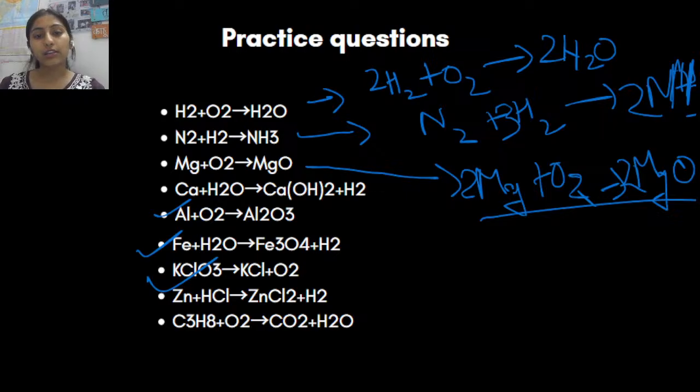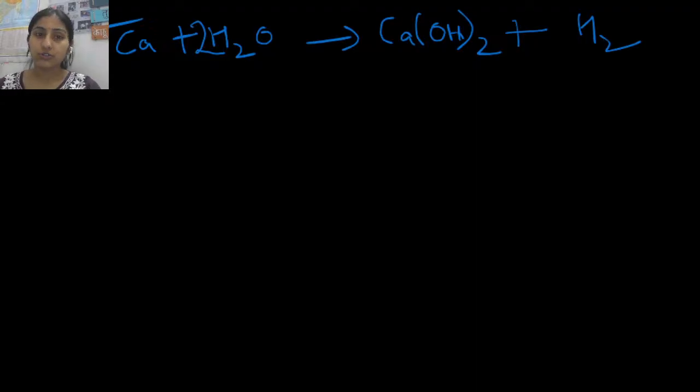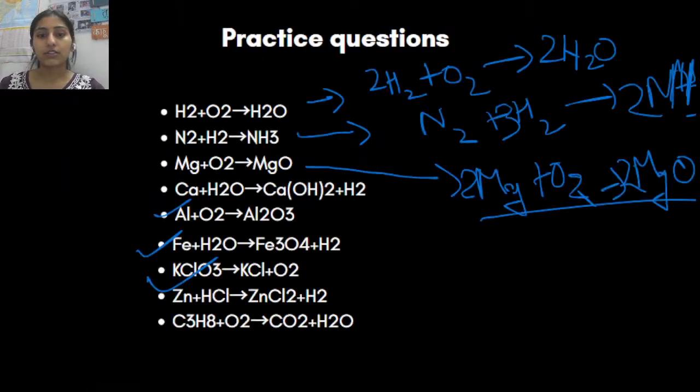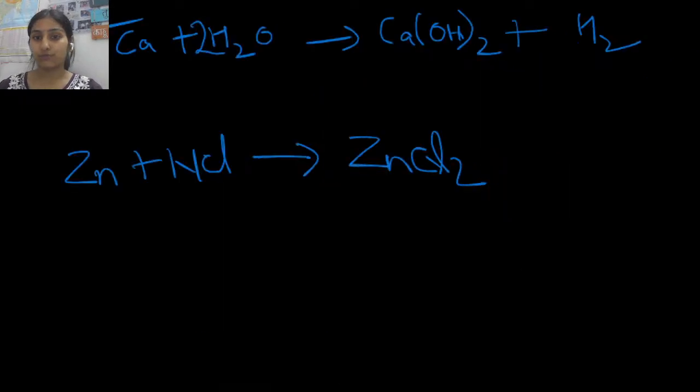Then another reaction is Zn plus HCl gives ZnCl2 plus H2. So the reaction is Zn plus HCl gives ZnCl2 plus H2.